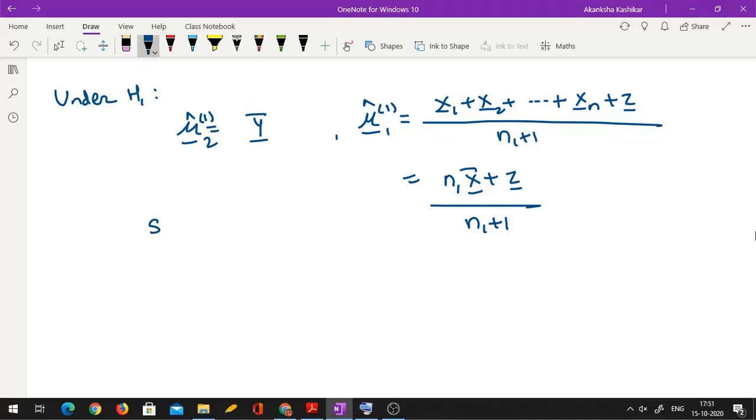So you will have S2 hat as the CSSP matrix for Y. It would actually be the same as the regular S2 hat because in Y there is no change. So it would be simply, if you want to write it down, the sum over i going from 1 to n2 of (yi minus y bar) into (yi minus y bar) prime.